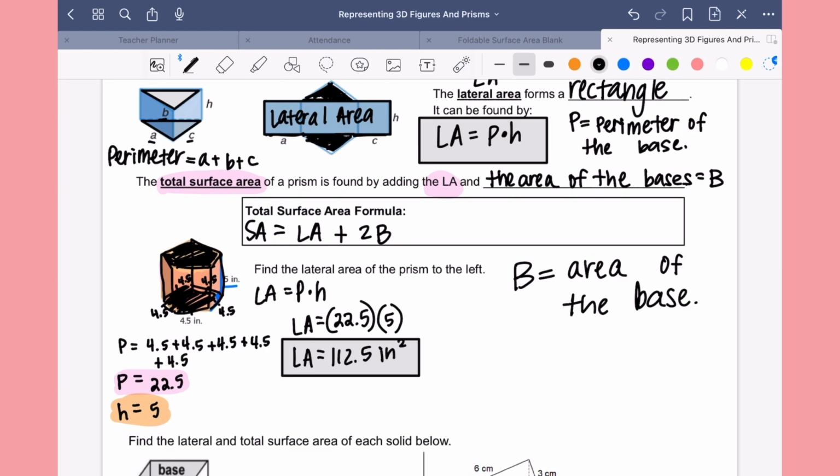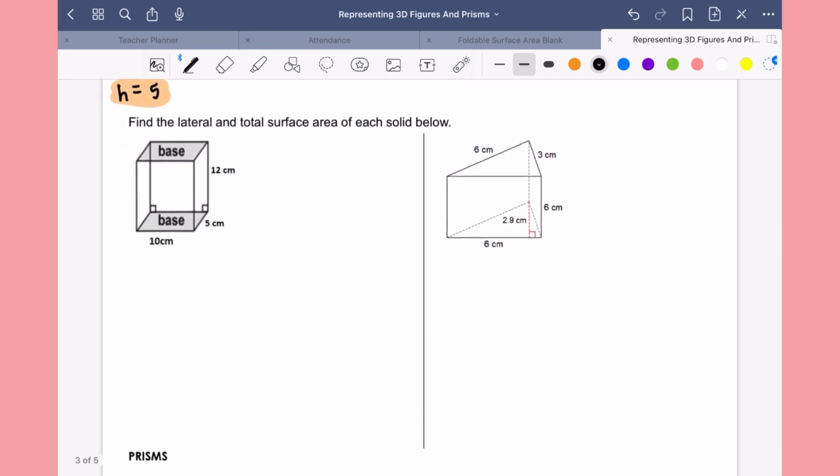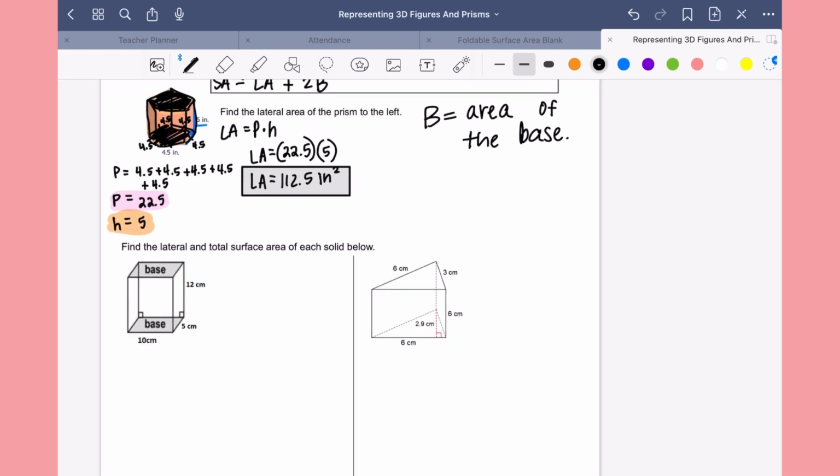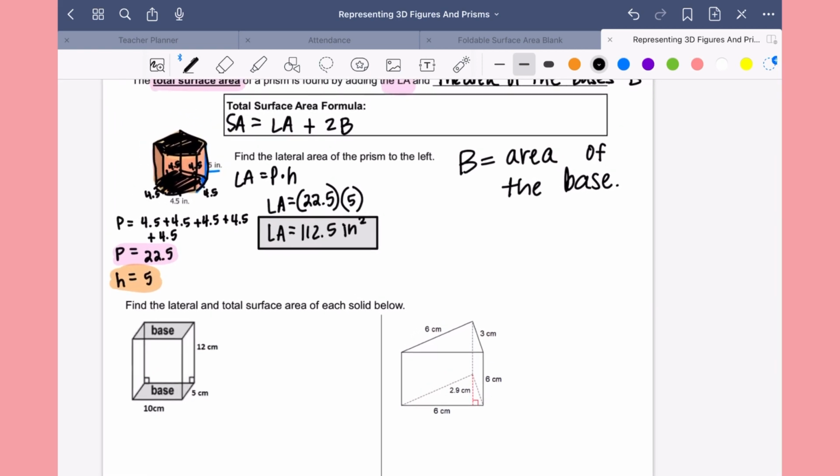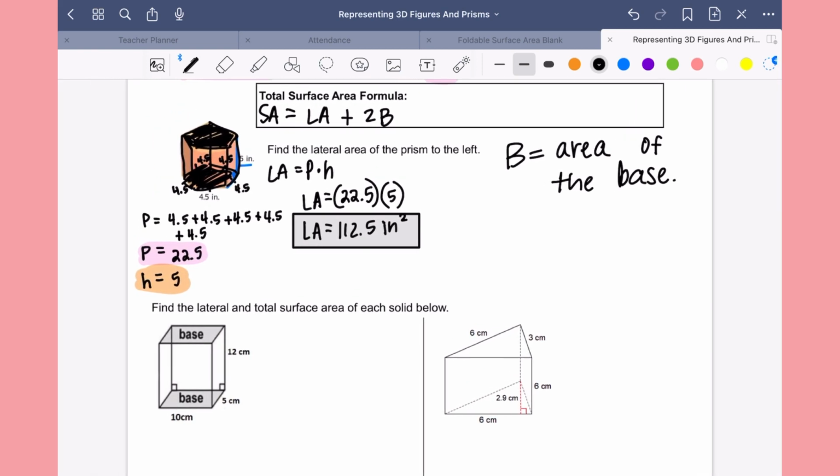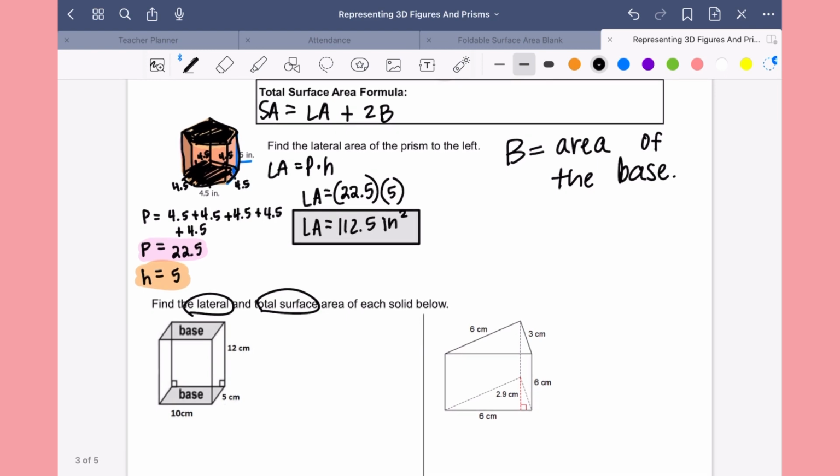Okay? So let's practice doing this rectangular prism here. It says find the lateral and total surface area. So the lateral, again, does not include the bases, just the rectangular faces. So we're not going to calculate the bases right now. Lateral area is the perimeter times the height.